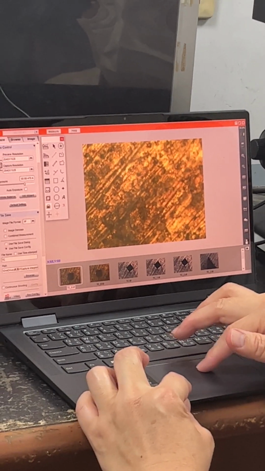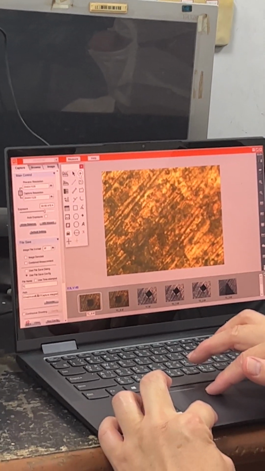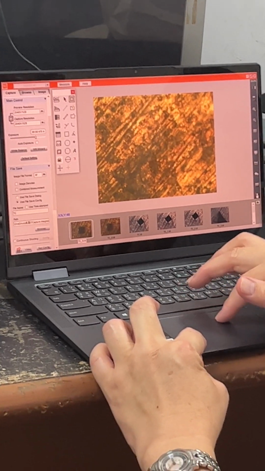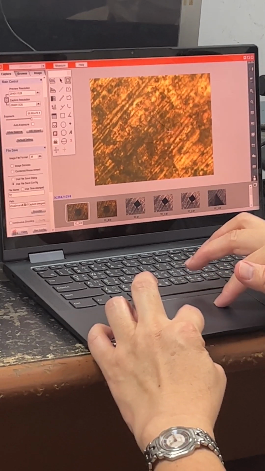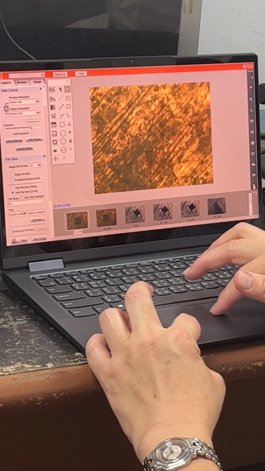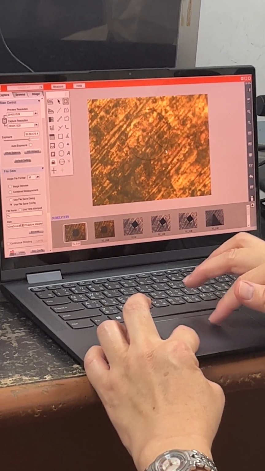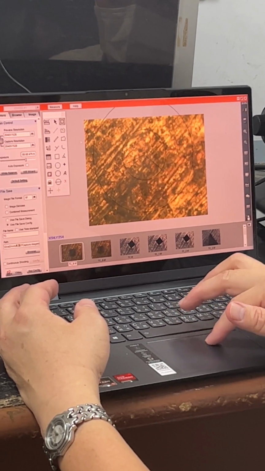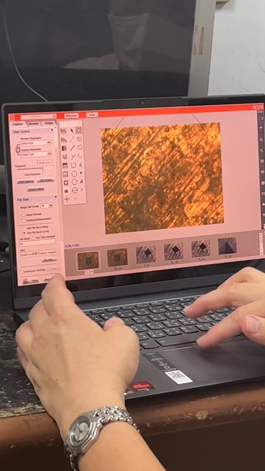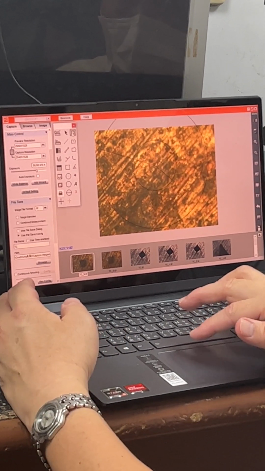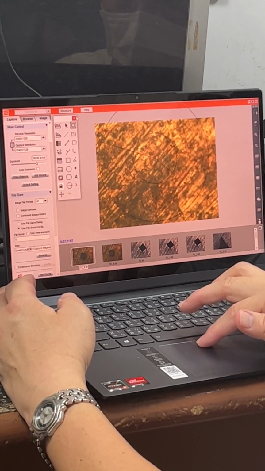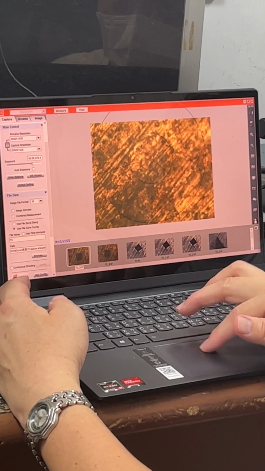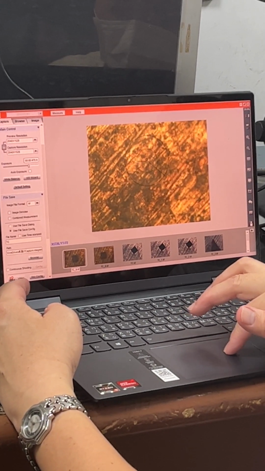But for now, if I click either one, I can draw it, but however I don't know how large it is. So basically for this one, it didn't.